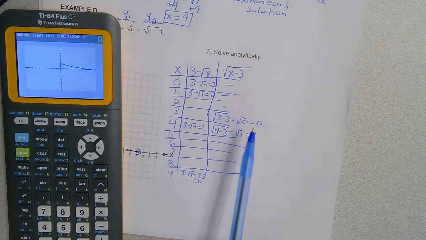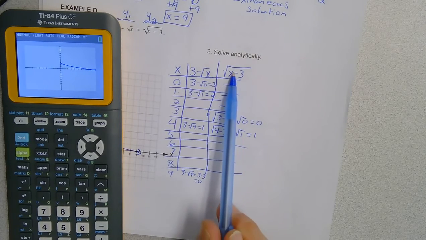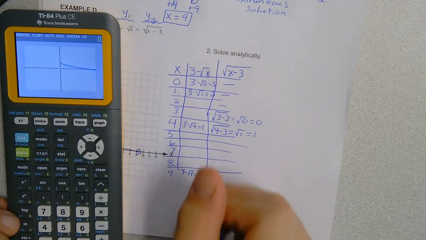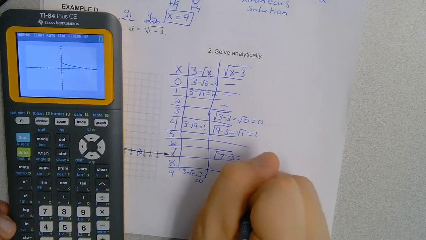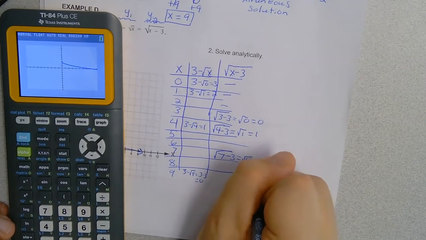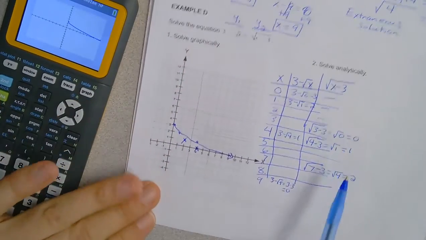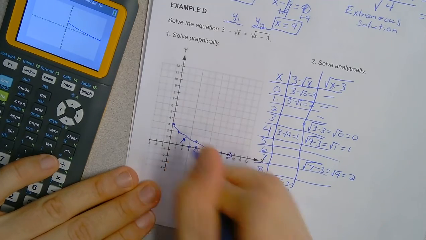And then looking for the next one, I know the square root of 4 is 2. So to make a difference here of 4, I can take 3 and add 4. That's going to be at 7. So if I did the square root of 7 minus 3, that's going to give me the square root of 4, which is in fact 2. So I'm going to graph those points and see what happens. So at x equals 3, we're at 0.